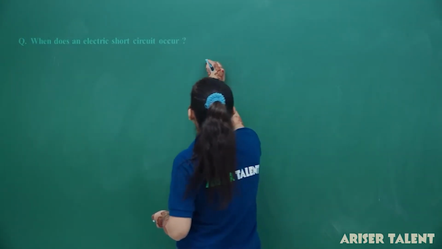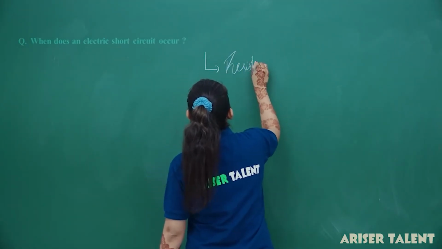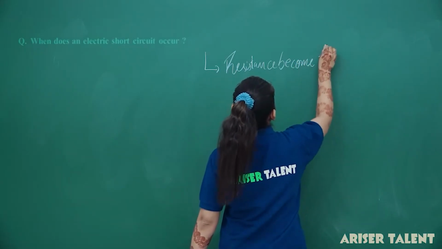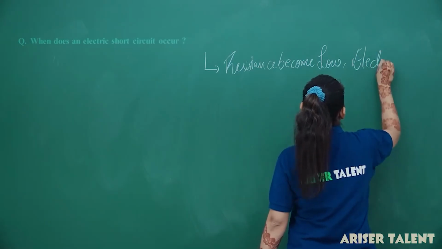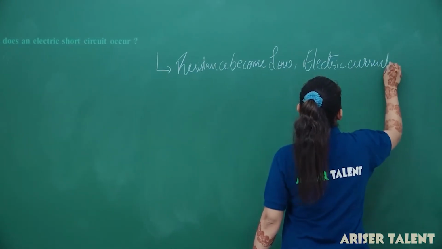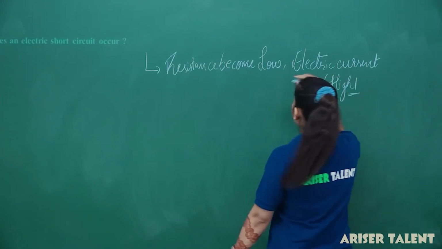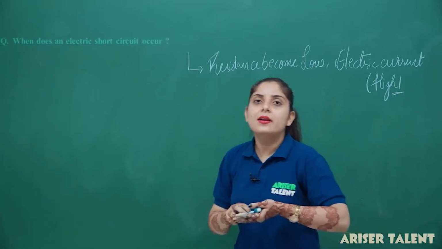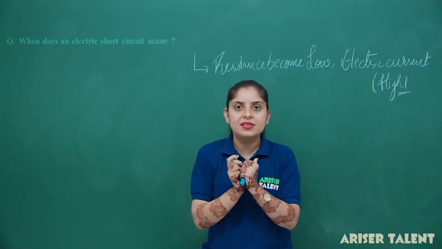So there are two reasons. When resistance becomes low, a high electric current will flow in the circuit. It means the current will abruptly increase in the circuit because too many electrical appliances are working.